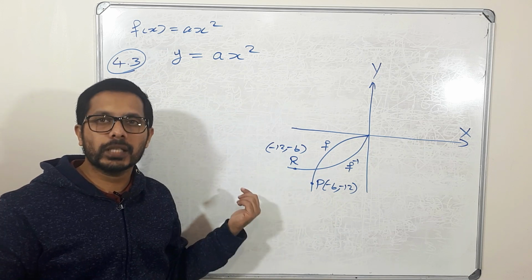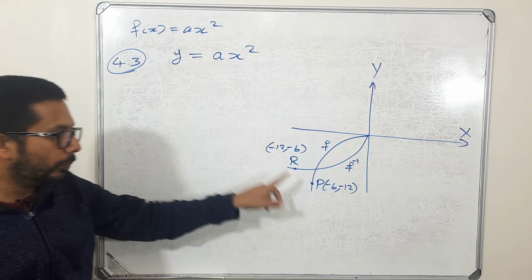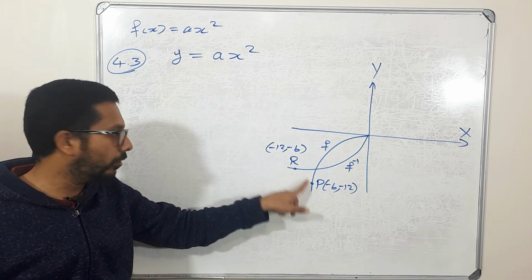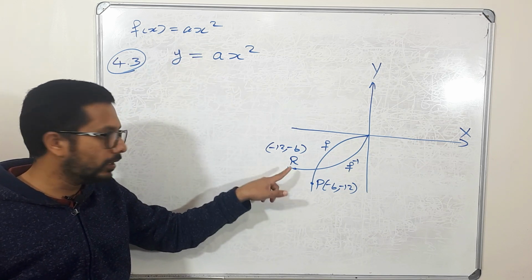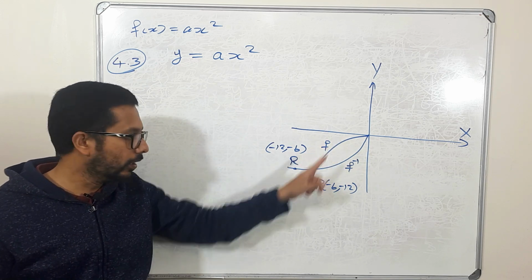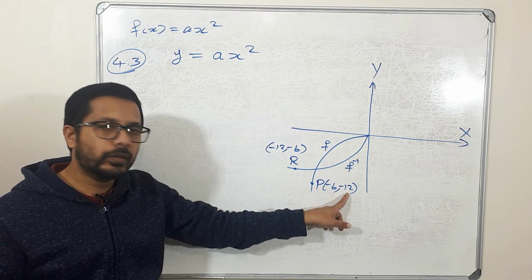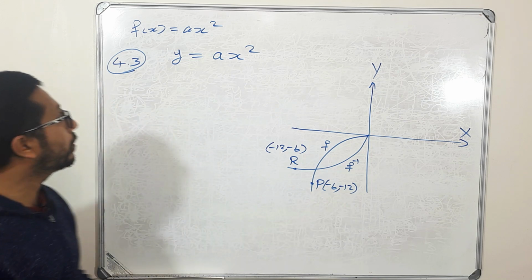But where is this A? Our A lies in the f of x graph. Okay, so you must take this point, not this one. This graph is something different, f inverse. So you have to take this point P. So x value is -6 and y value is -12.